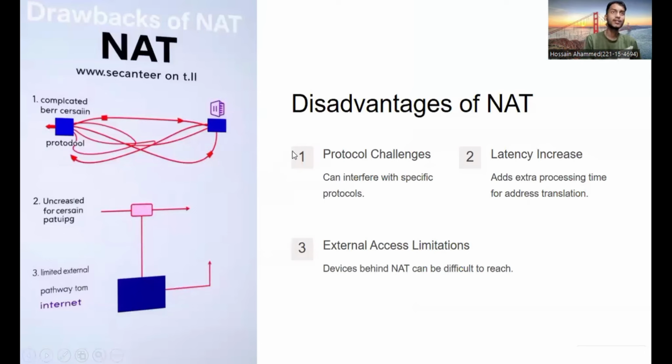The disadvantage is that it creates challenges for protocols that can interfere with specific protocols, and latency is increased due to extra processing time for address translation. And there are external access limitations: devices behind NAT can be difficult to reach.